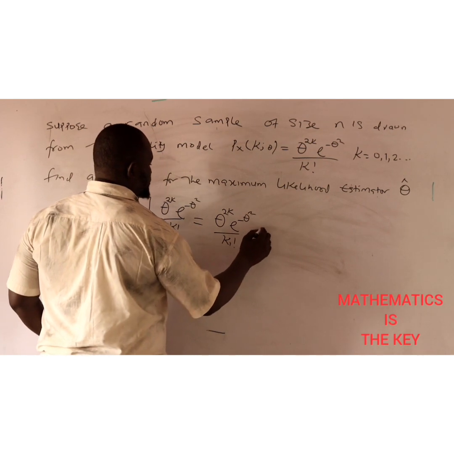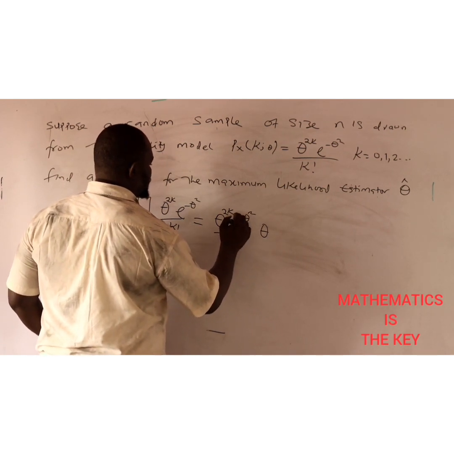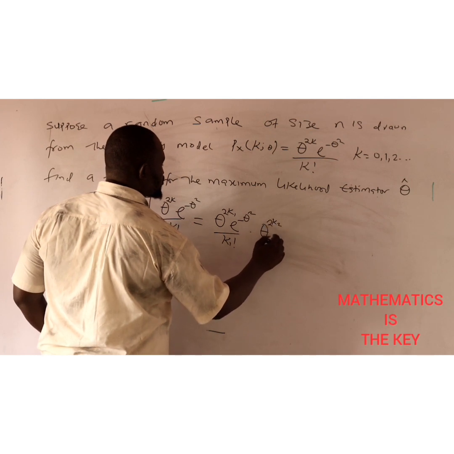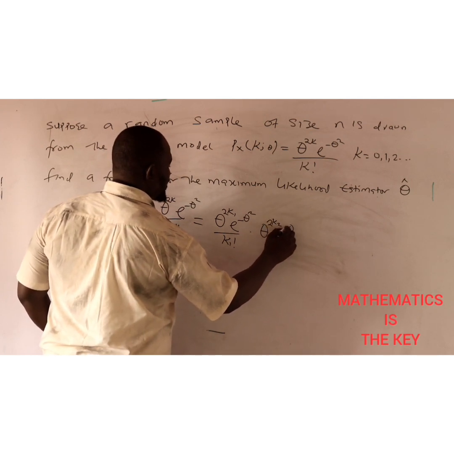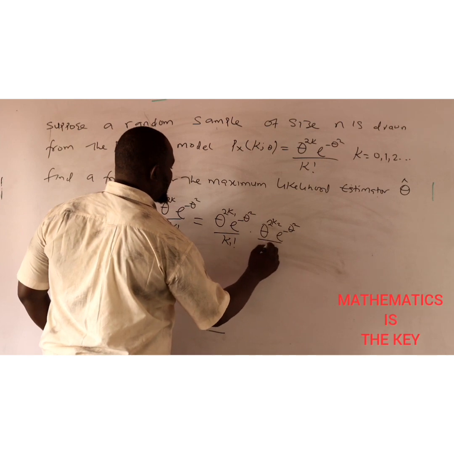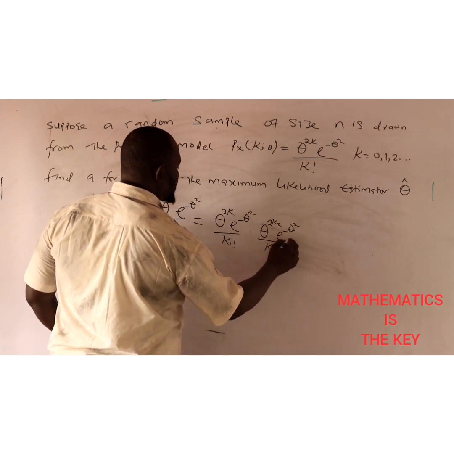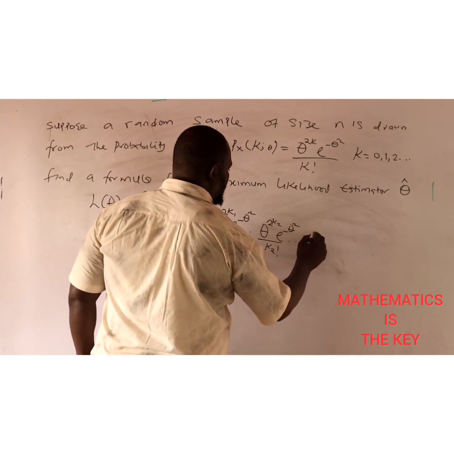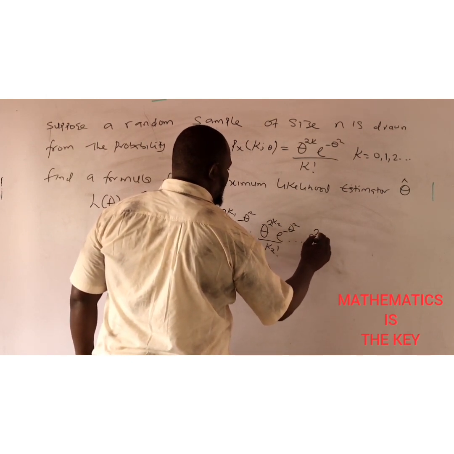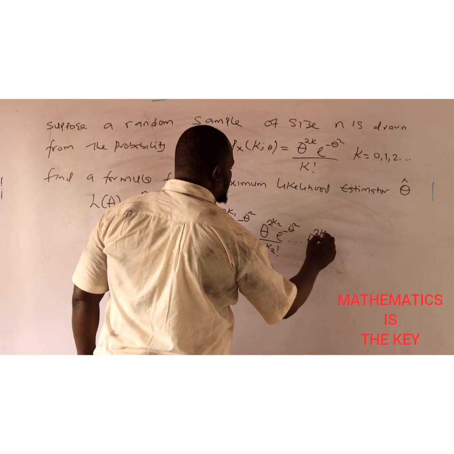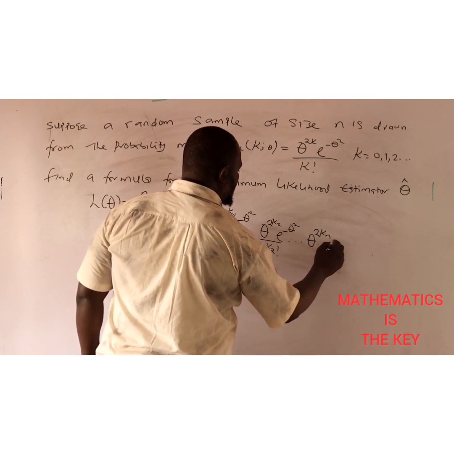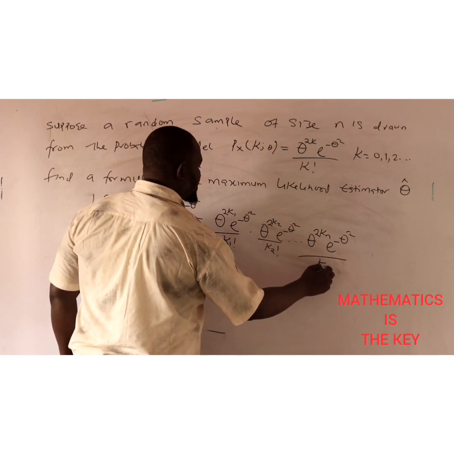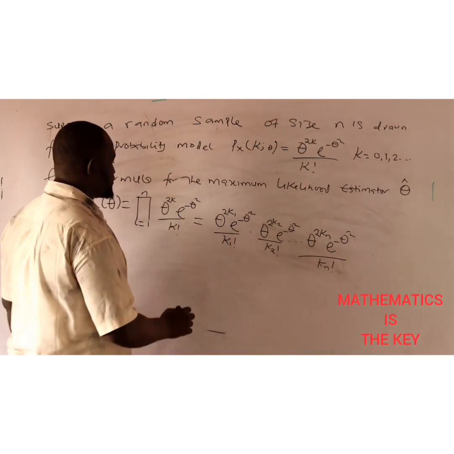At the second point, it's going to be theta to the power of 2k2 exponential of minus theta squared all over k2 factorial, up to the nth point, which is theta to the power of 2kn exponential of minus theta squared all over kn factorial.